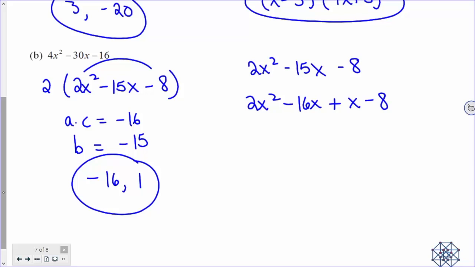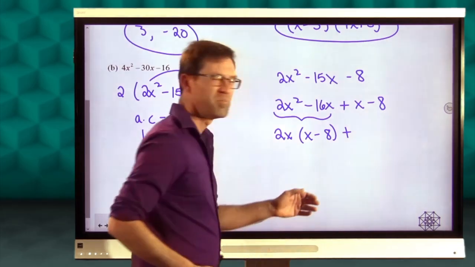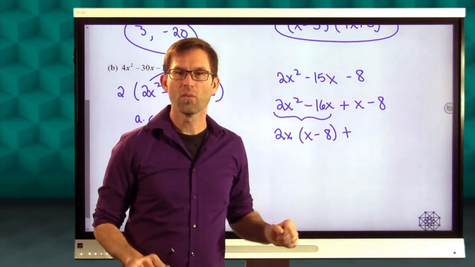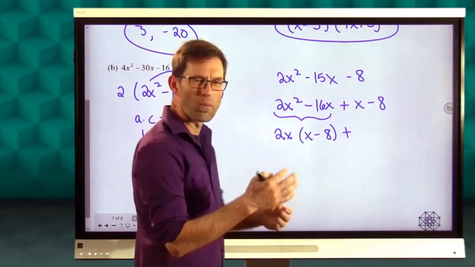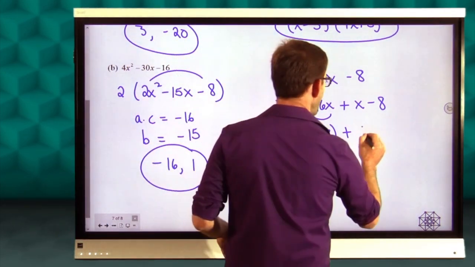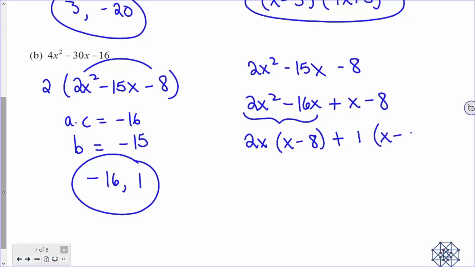Now again, this can be a little tricky for people. When I group this and I factor it, I'll pull out a 2x and I'll be left with x minus 8. But what do I do here? Well, what I can do, which is kind of a neat almost sleight of hand, is I can rewrite this as 1 times x minus 8. Right?